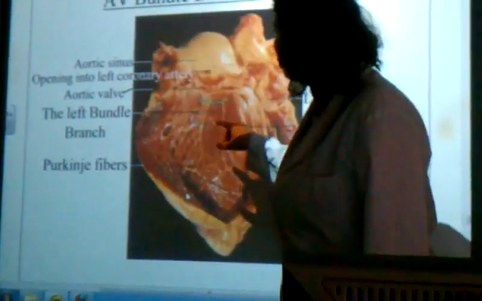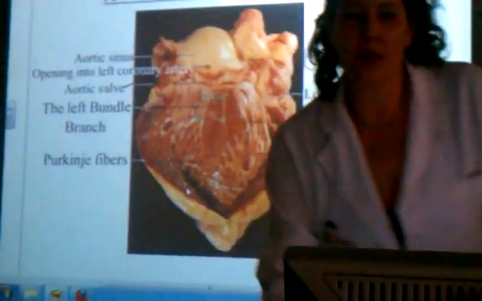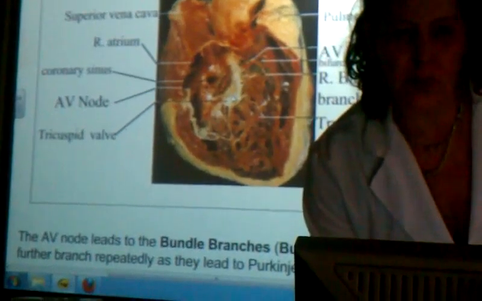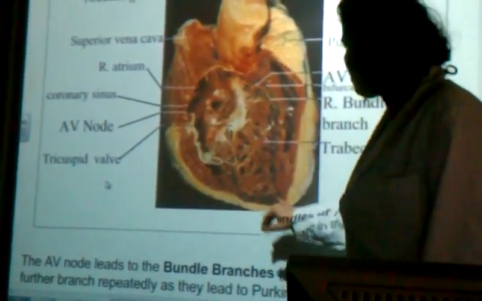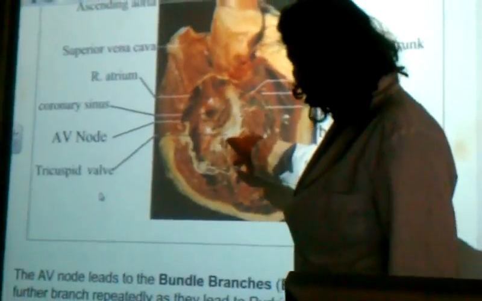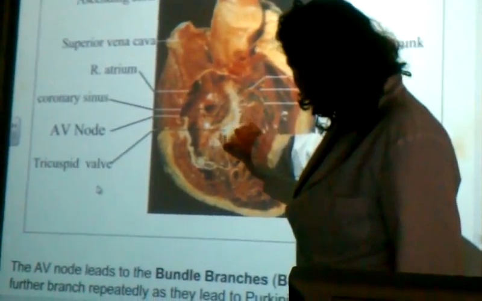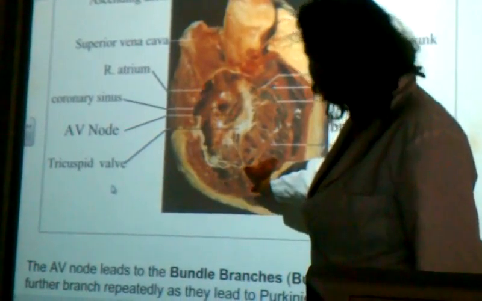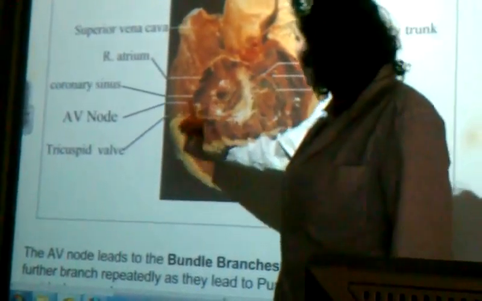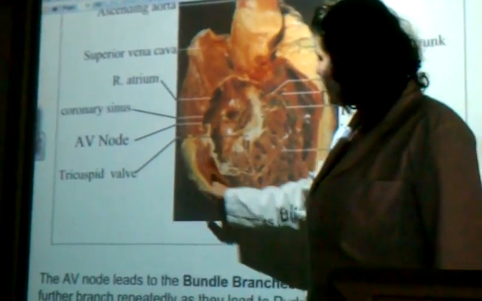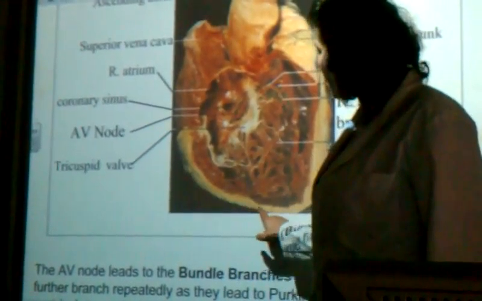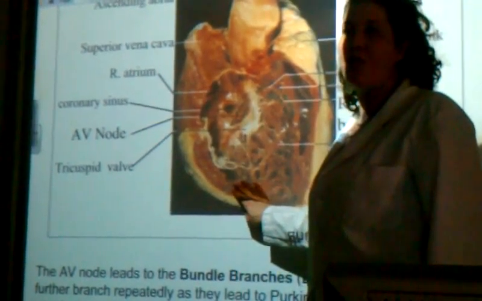Where's our aortic valve? Let me go back to the other one. I'll show you this one. Here. I don't know if you can see this, but this actually is part of the tricuspid valve right here. Okay? So imagine, here's our tricuspid valve, here's our chordae tendineae, and there's the papillary muscle it's attached to. Imagine an artery bringing blood to this tissue right here was blocked, and this tissue right here died because the artery was blocked.